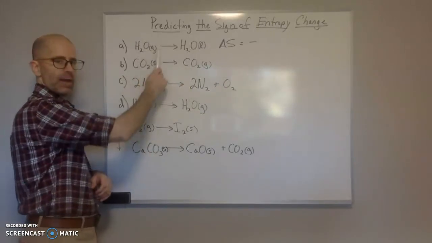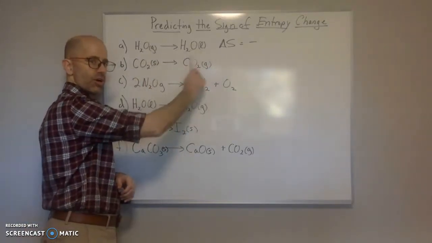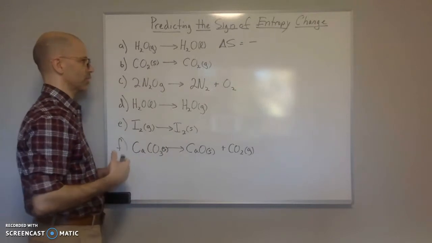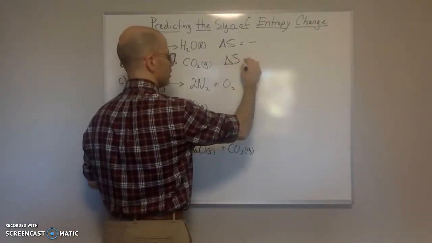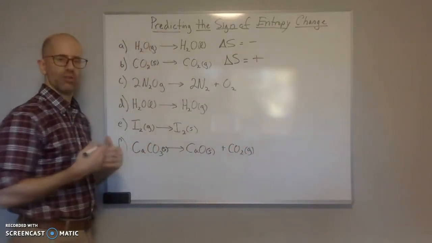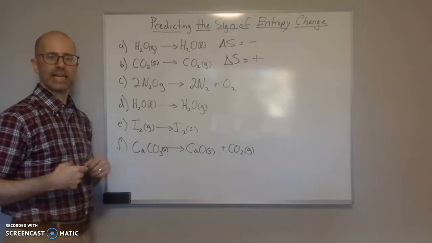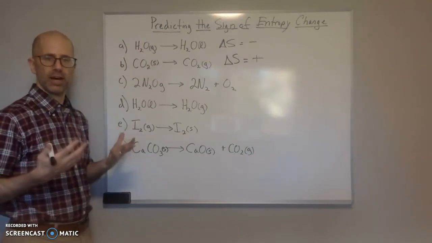So it's going from a highly ordered structure to less order, more disorder. So delta S is going to be positive. You're increasing the entropy. Again, think of entropy as an increase in disorder, an increase in possible states of energy.